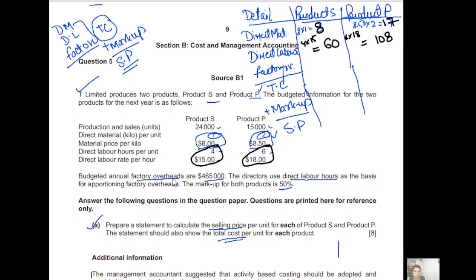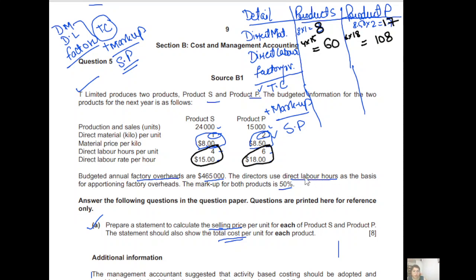Now you have to find your factory overhead. For factory overhead you have to prepare working notes separately, because here we are not able to put all the information. We have to find it out, because they said this is the annual factory overhead for both S and P. Now you have to apportion factory overhead among the products on direct labor hour.